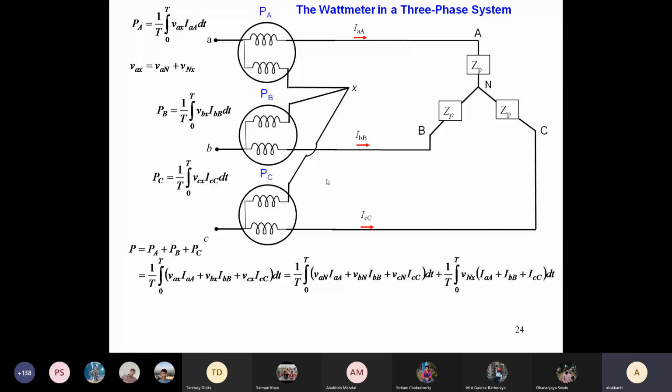What is the sum of the 3 line currents? Zero. So what remains is VAN IA plus VBN IB plus VCN IC, integral 0 to T dt, times 1 by T, which is the average power.